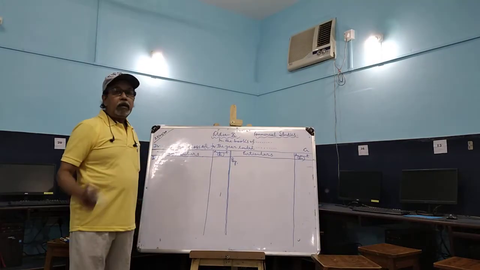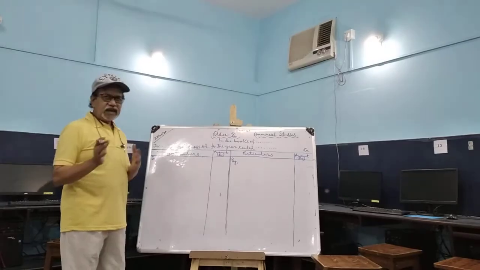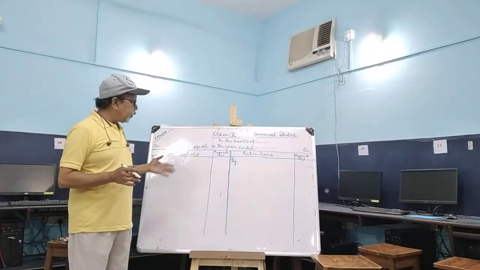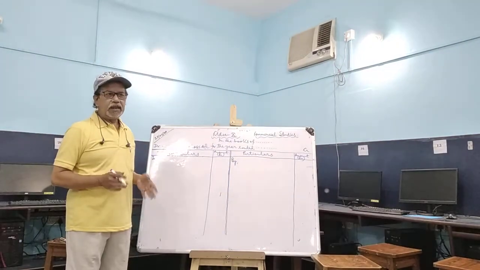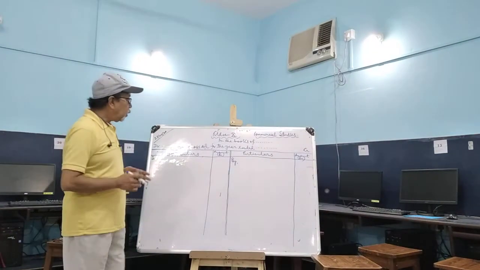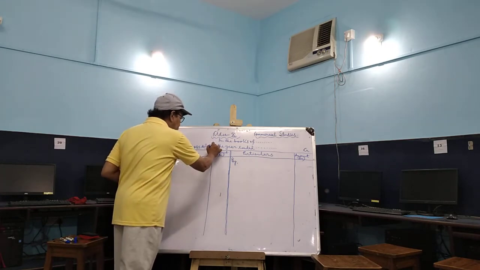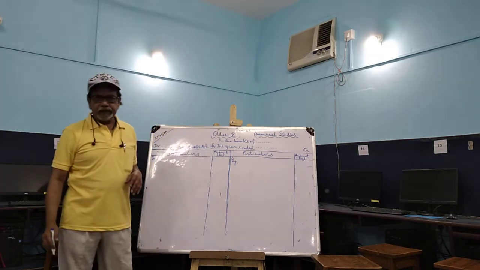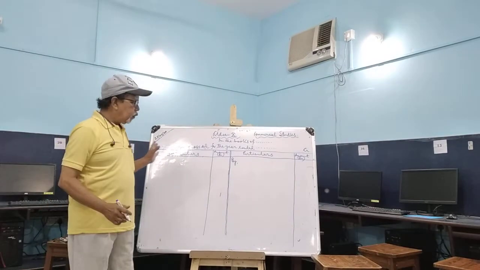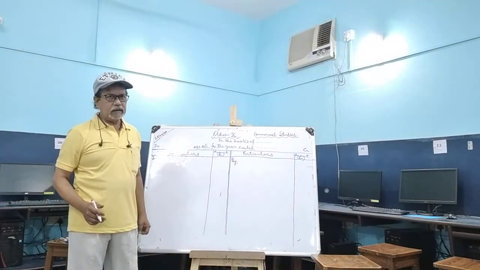Now, what is profit and loss account? Profit and loss account is such an account through which we ascertain the net profit or net loss of the business. Now, for ascertaining net profit or net loss of the business, we have the gross profit of the business.